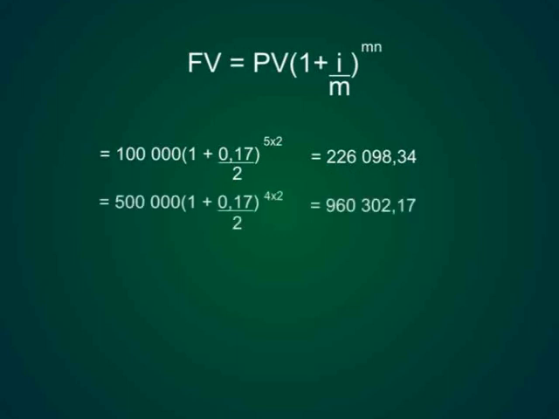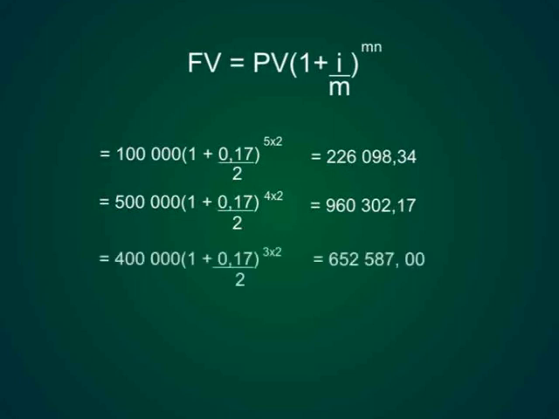Of the 500,000 rand amount which he invests in a year's time, it will be 500,000 rand, open bracket, 1 plus 0.17 over 2, close bracket, to the power 4 times 2, which gives us an answer of 960,302.17 rand.